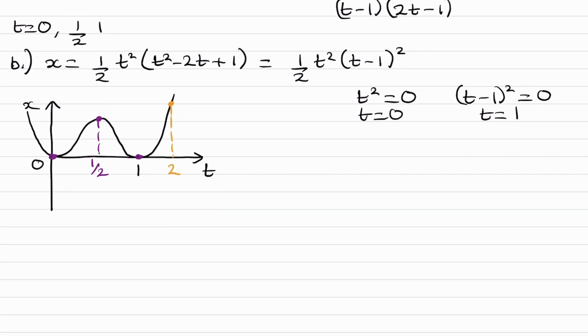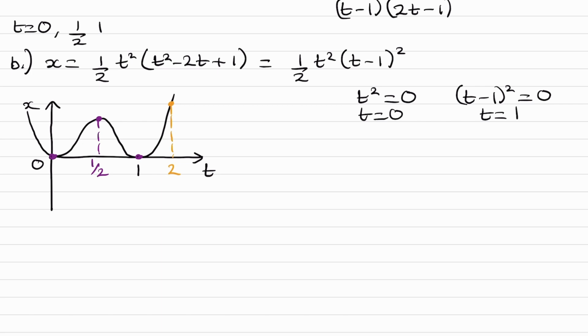Okay, so now that we have our graph, this should become much easier to work out. The total distance traveled would be the distance from here to this point, so we're going forwards by a certain distance. We then go back by the exact same distance, so we double whatever this x value is. And then we go forward to this point, we go forward by whatever distance this is.